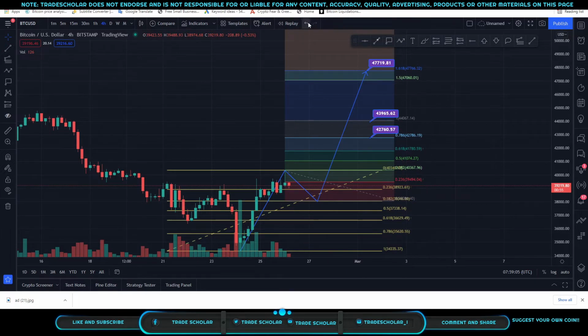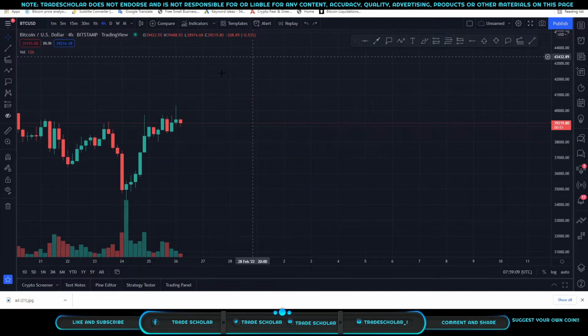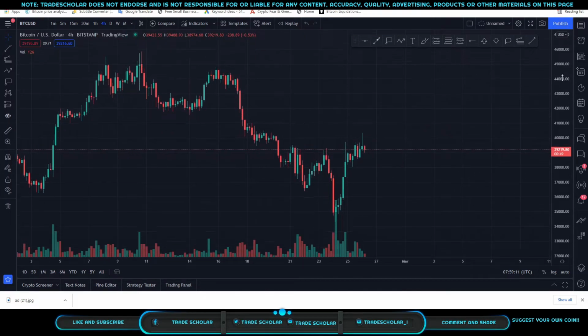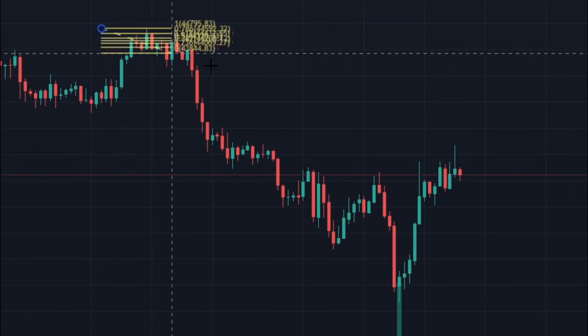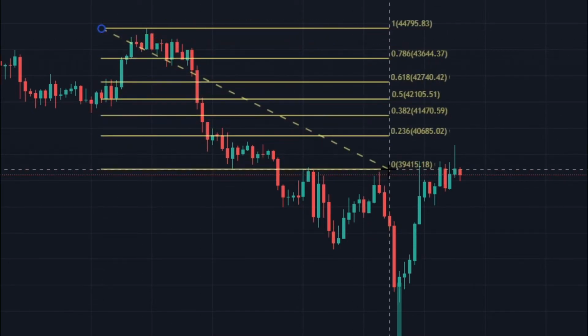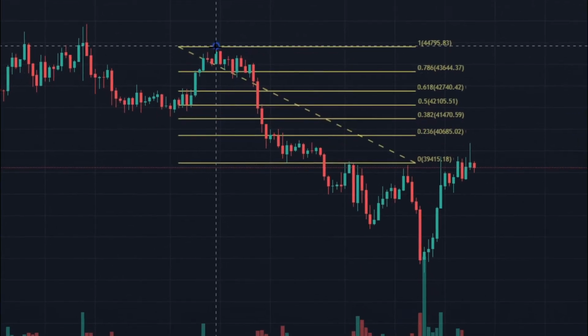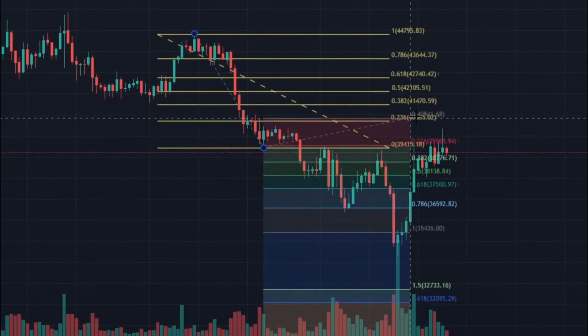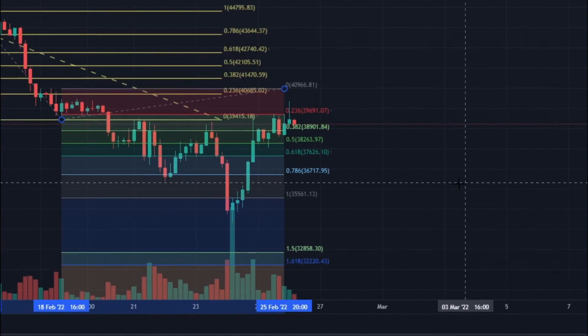Okay, how about for the downtrend? How to use the Fibonacci retracement from swing high to swing low, and then use the Fibonacci trend-based extension from swing high to swing low and to the previous low.